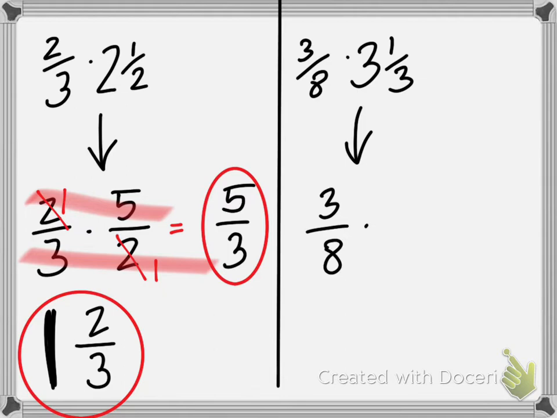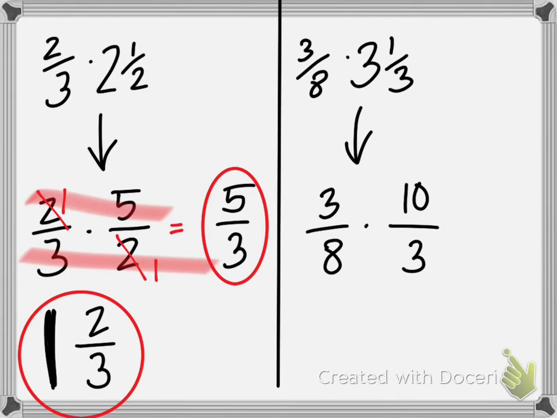Oh, he's not here. So Alexandria, what is it? 9. Then we add it to that one. And what do we get then? Perfect. So we get 9 plus 1 is 10, and our denominator stays the same.